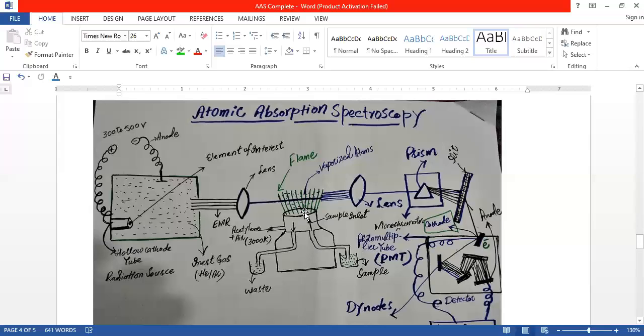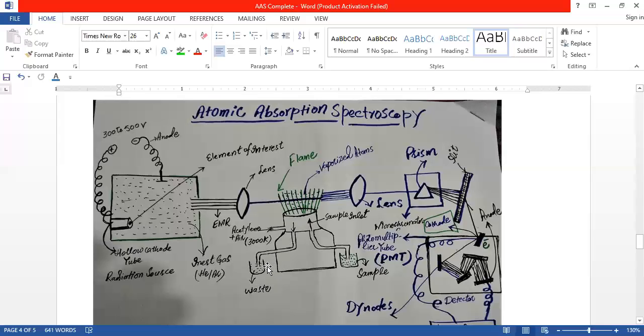After going to the flame, the liquid of this sample will be evaporated, and atoms of interest will go to the form of vaporized atoms, and waste material will be collected here.